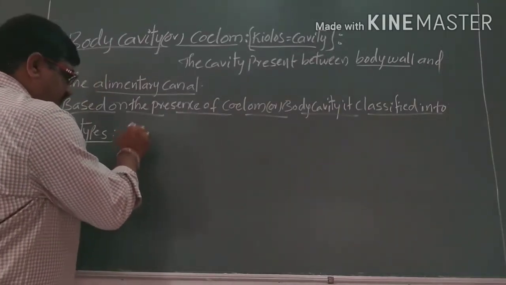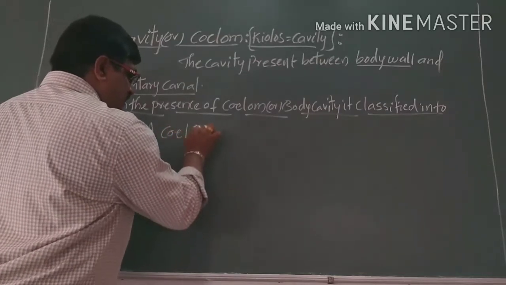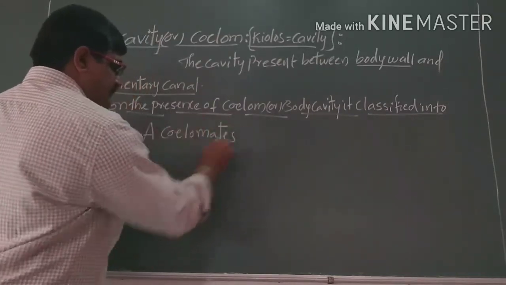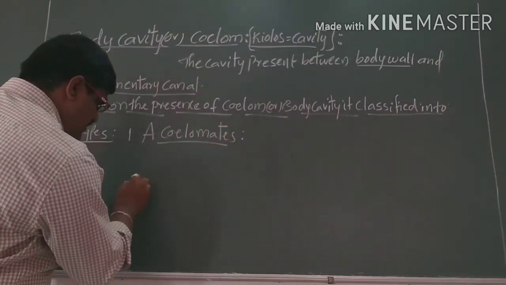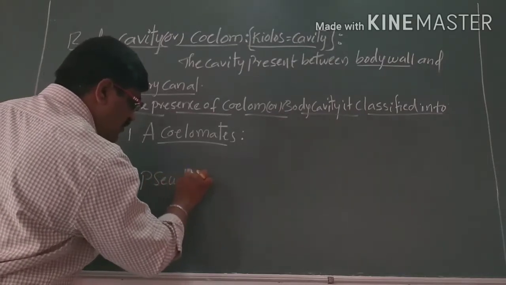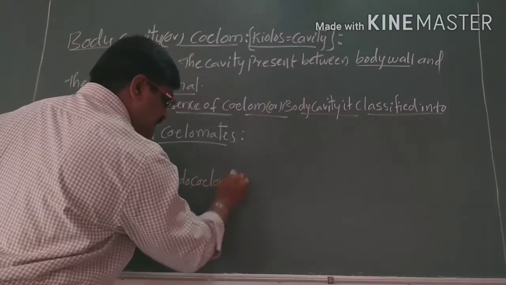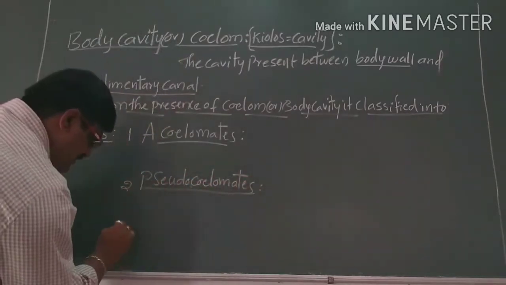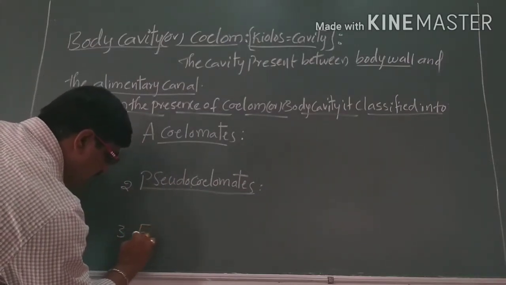The first one we call the acoelomates. The second one is the pseudocoelomates. And the third one is the eucoelomates.